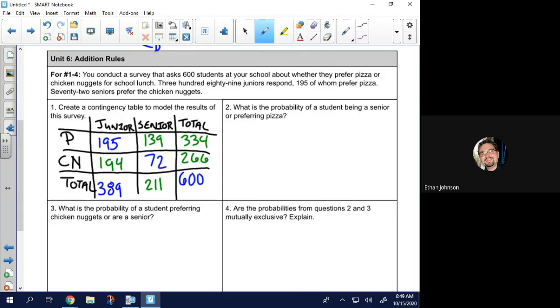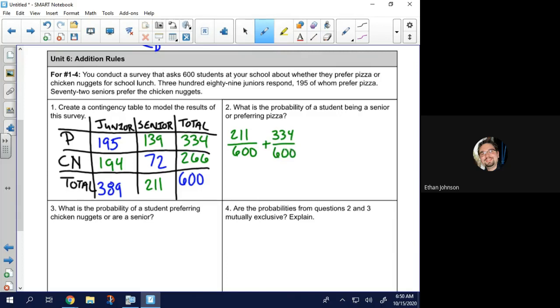Question 2 says, what is the probability of a student being a senior or preferring pizza? So probability of a senior, well, we have 211 seniors out of the 600. Or once again, we have to add. Then the probability of preferring pizza, well, there were 334 people that preferred pizza out of the 600.